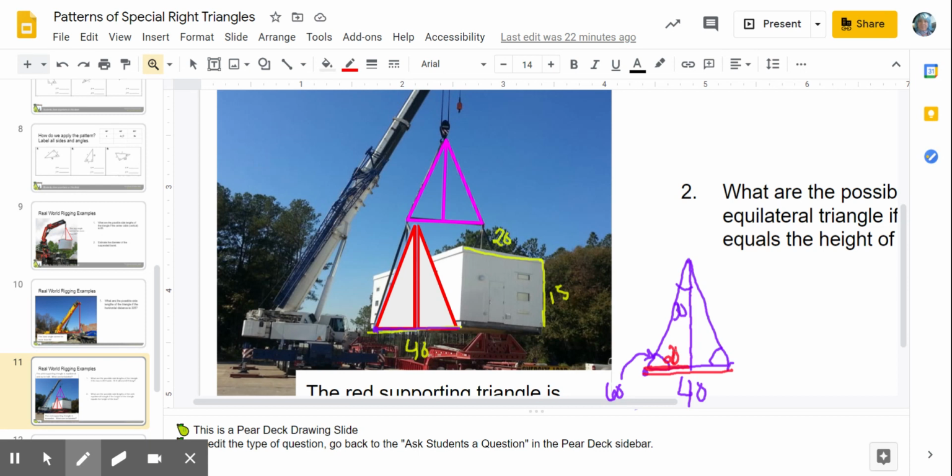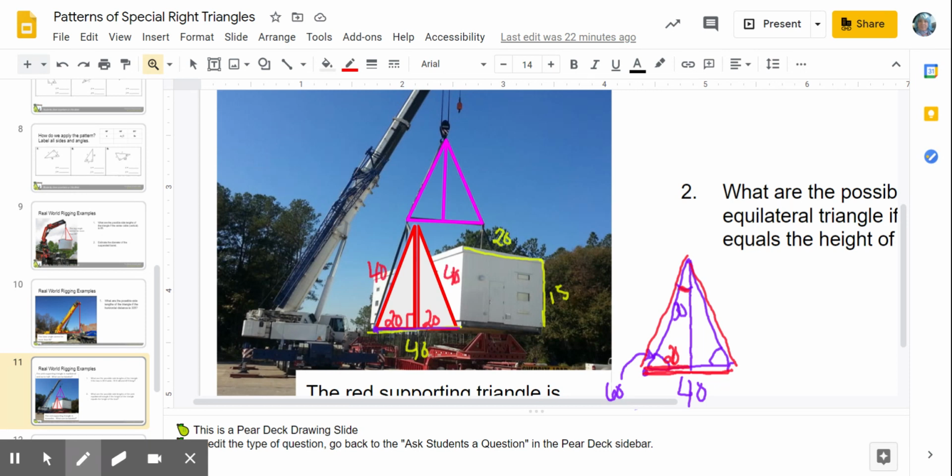So can I put a 20 here? And a 20 over here? And that's opposite my 30-degree angle. So what's the hypotenuse have to be? We said it was an equilateral triangle, so the bottom and the right and the left should all be exactly the same. So that's 40 and that's 40.